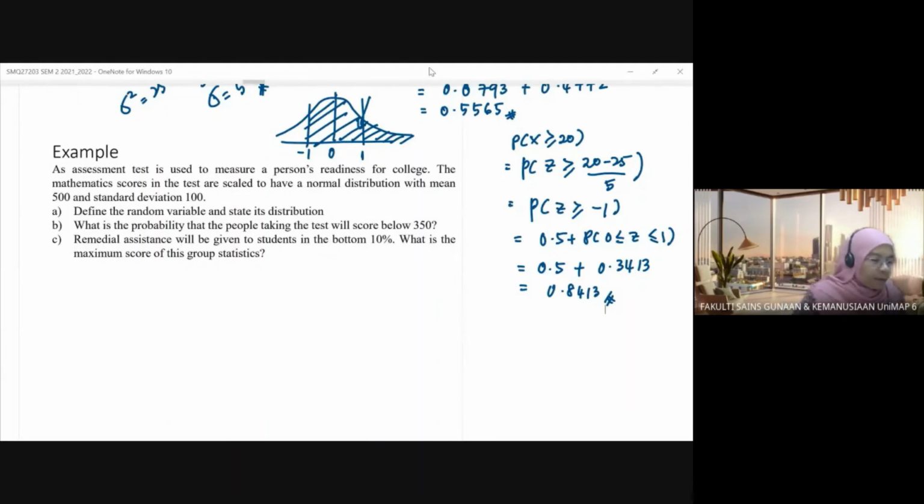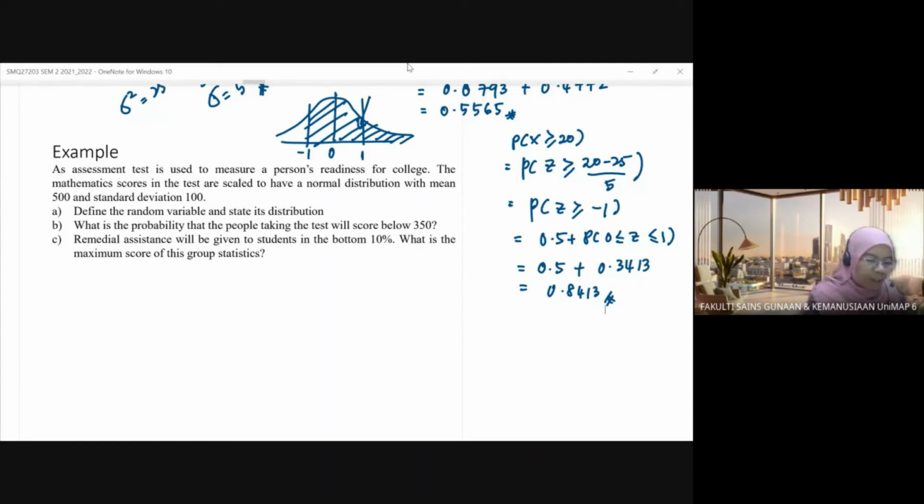Let's refer to this example. An assessment is used to measure a person's readiness for college. The mathematics scores in the test are scaled to have a normal distribution with mean 500 and standard deviation of 100. So that will be the given information.